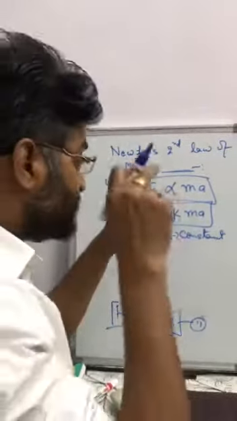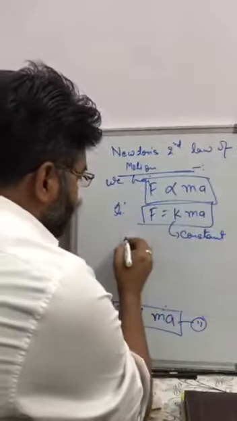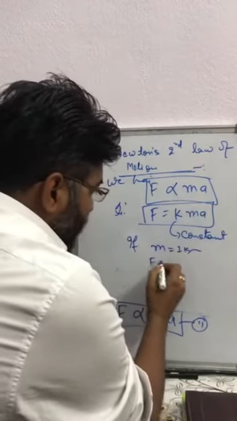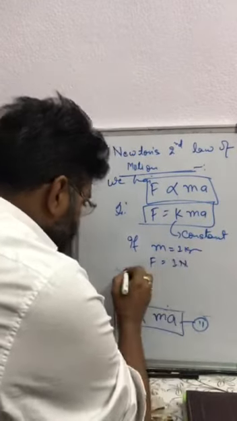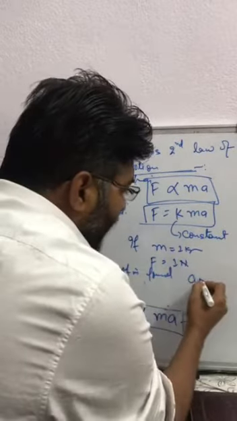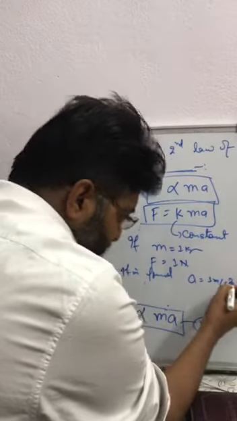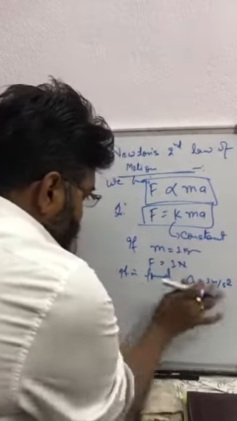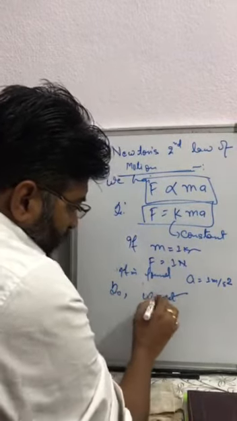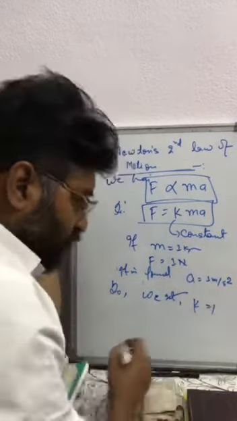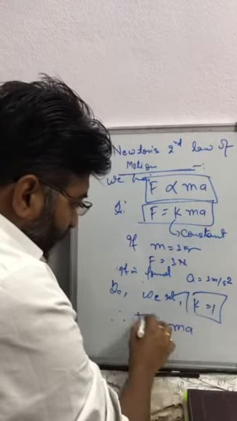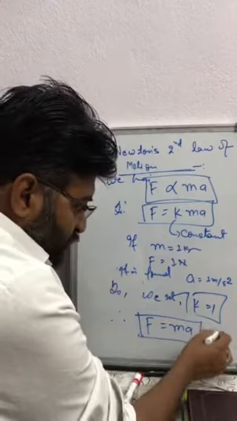In Newton's experiment, it is found that if m is taken 1 kg and F is taken 1 Newton, the body moves with an acceleration of 1 meter per second square. So we get k equal to 1. Therefore F is equal to ma, mass into acceleration.